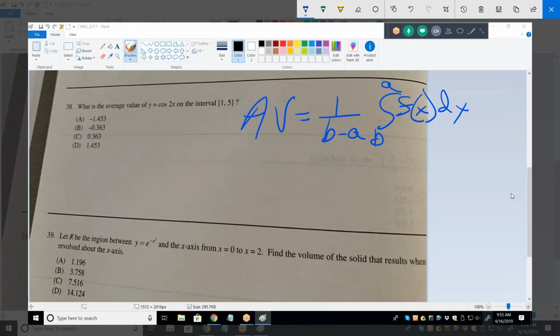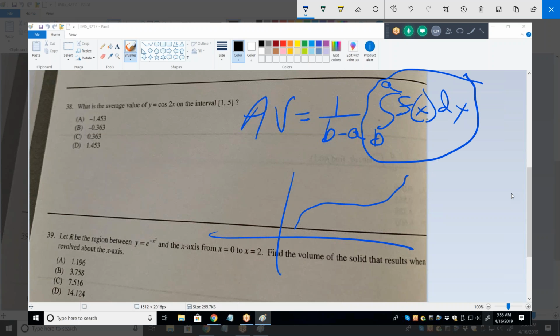If you think of that as being the entire area, the average value would be a line. If I had a function like this and I wanted the average value between there and there, it makes sense to take the whole area, divide it by the difference between b and a, and you get something like that. That's the average value of that function.